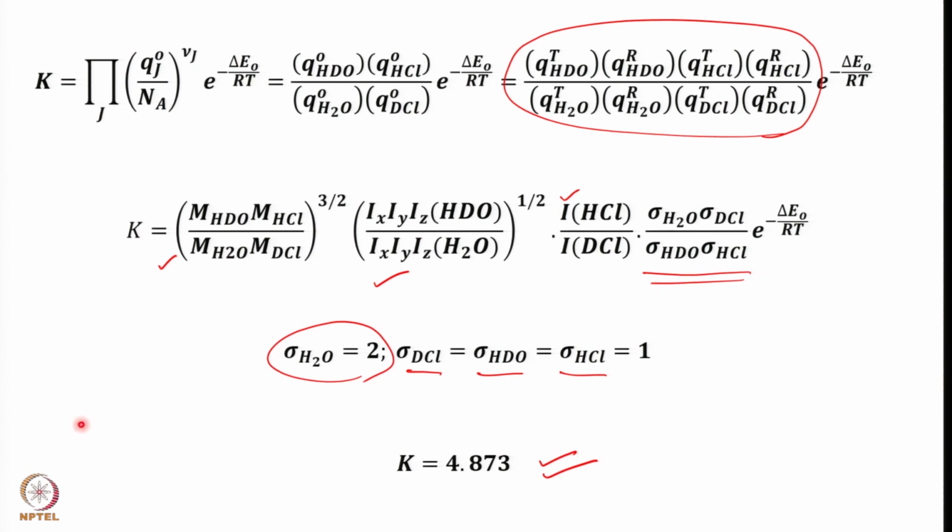Remember that once you have a temperature dependent equilibrium constant, suppose you were given this data as a function of temperature, and you can calculate the equilibrium constant as a function of temperature, then even without doing any further experiments, you can use the Van 't Hoff equation, which is del log K by del T at constant pressure equal to delta H by RT square.